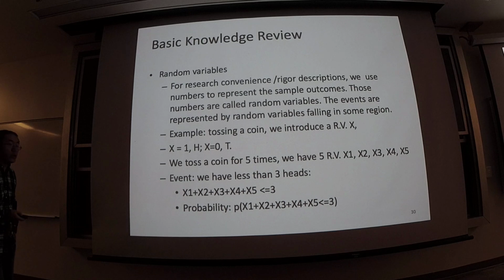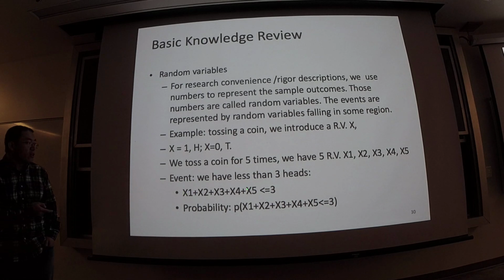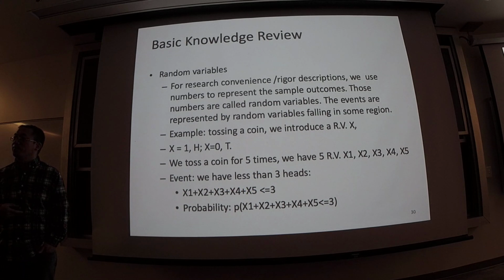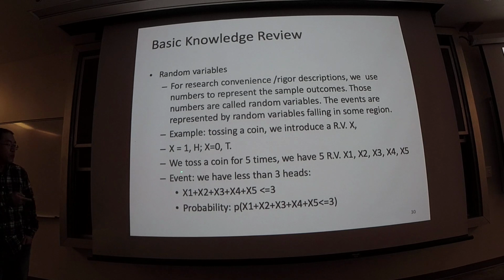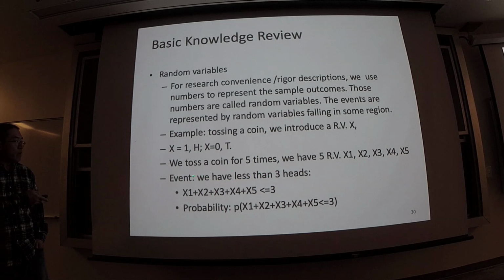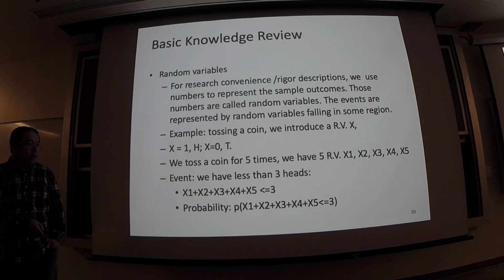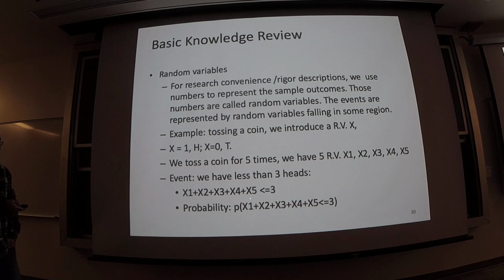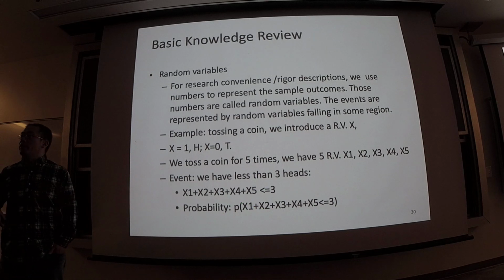We can use an inequality to represent such an event, namely, the summation from x1 to x5 is less than or equal to 3. Then the probability that this event happens, namely we have less than 3 heads, is the probability that this inequality holds.